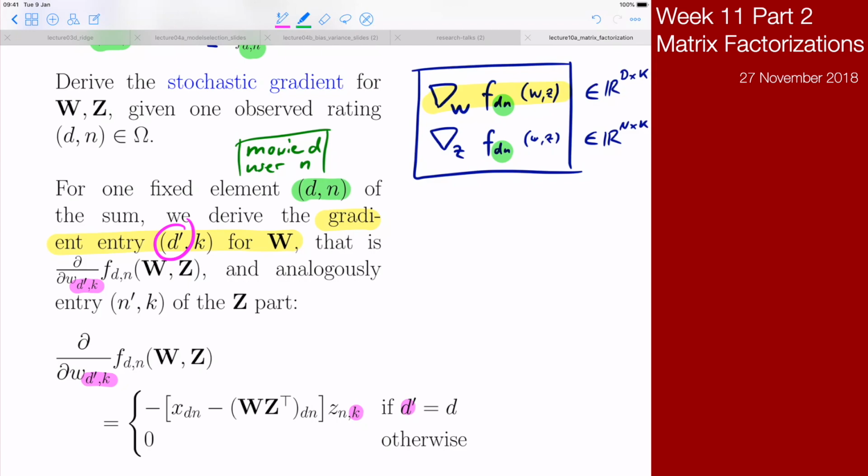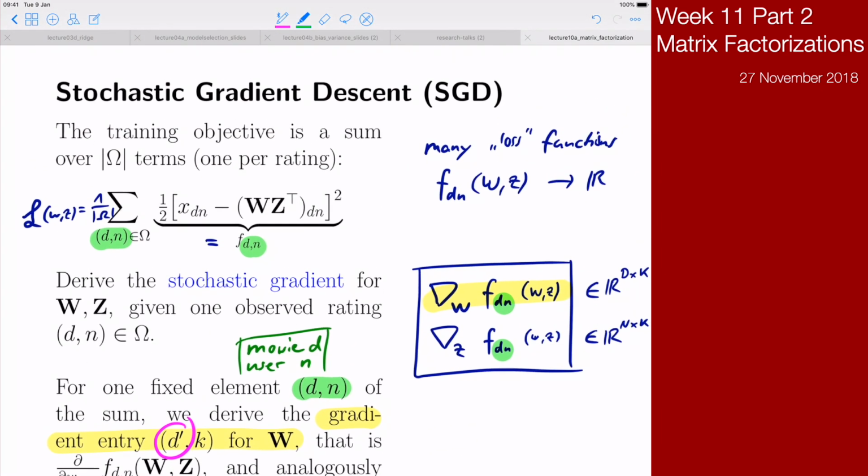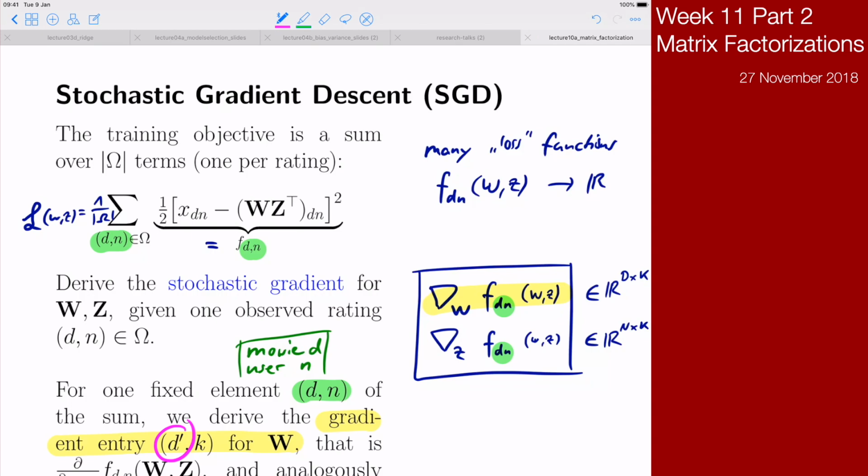So the green stuff comes from the fixed function, and the purple stuff comes from what entry of the gradient I am interested in. So okay, what we wrote here is already the solution. So that's the gradient of this one loss function here, which is this part here.